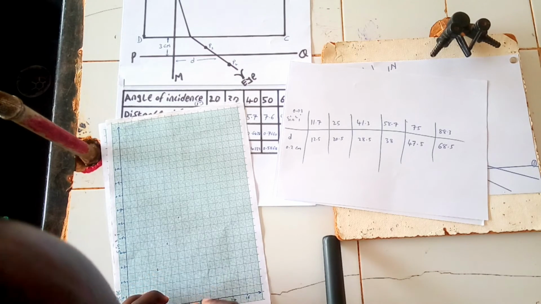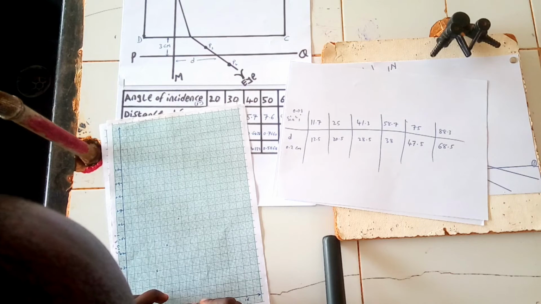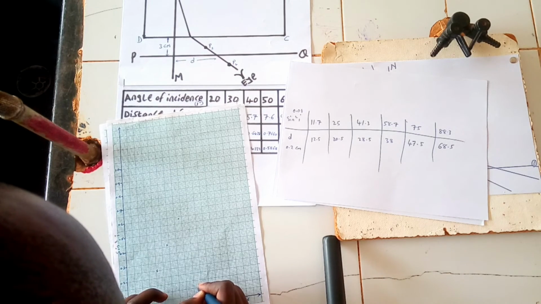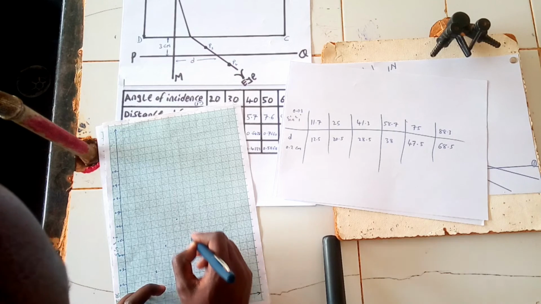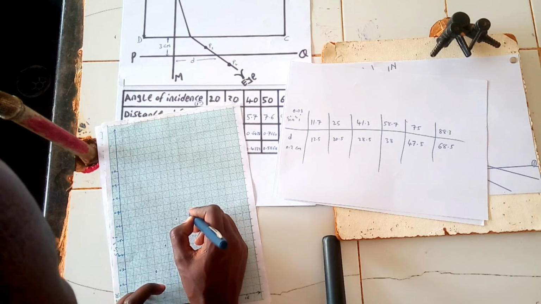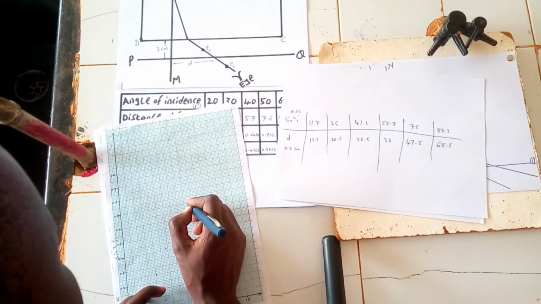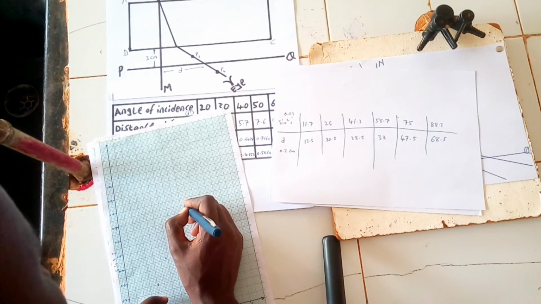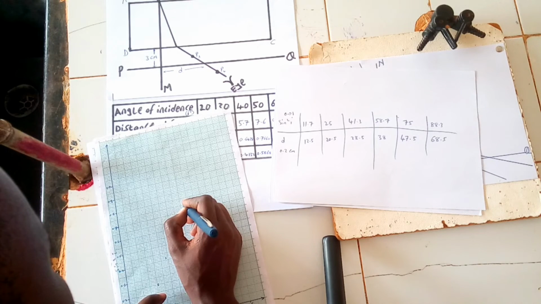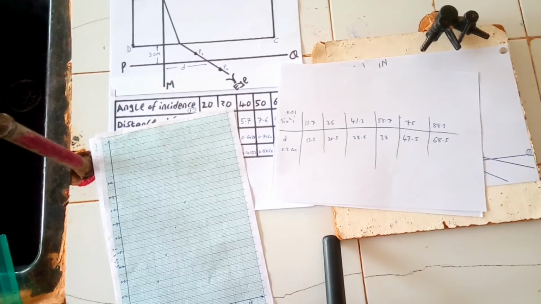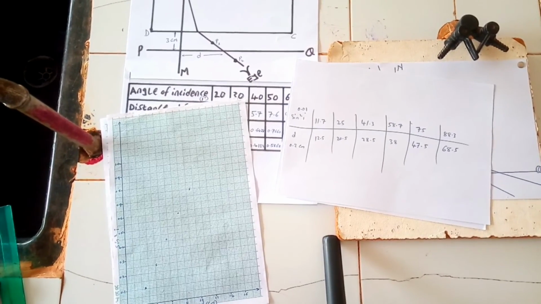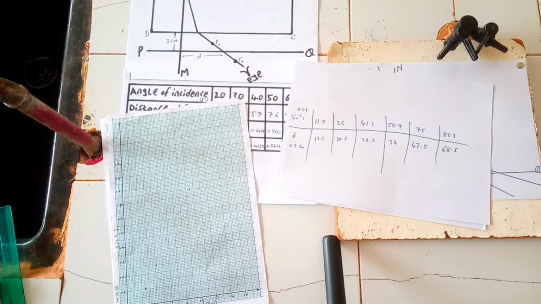Then we have 47.5, 10, 20, 30, 40, 47.5 is there, we rise up 75, 10, 20, 30, 40, 50, 60, 70, 75 is here, then that is 47.5 here. We have there. Then we proceed.